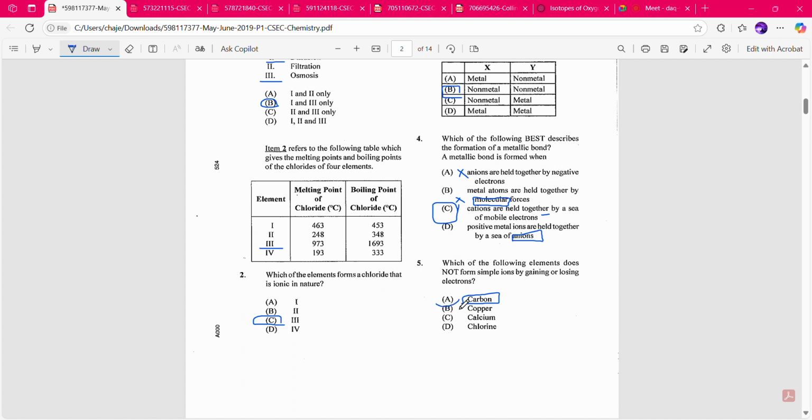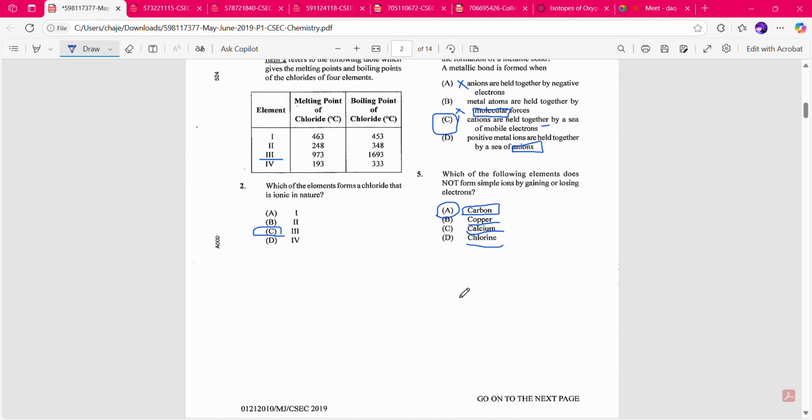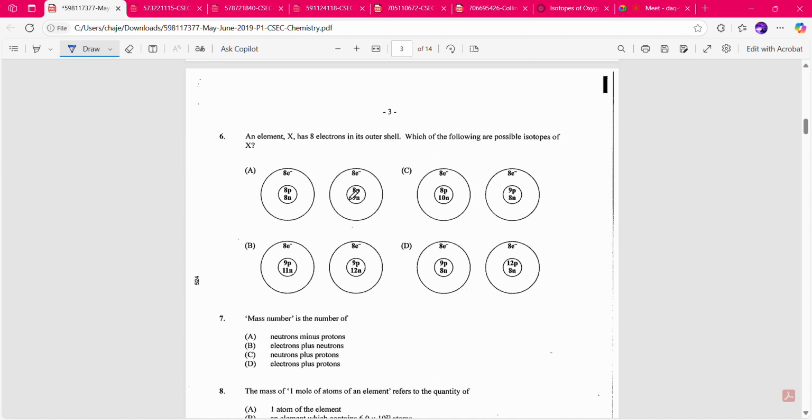There is no point in time that carbon will completely accept or lose electrons. Copper is a metal and is able to lose electrons. Calcium is able to lose electrons to form cations, and chlorine is able to accept electrons. Yes, it can share, but it can also accept electrons to form its ion. So the correct answer here is A, which is carbon.